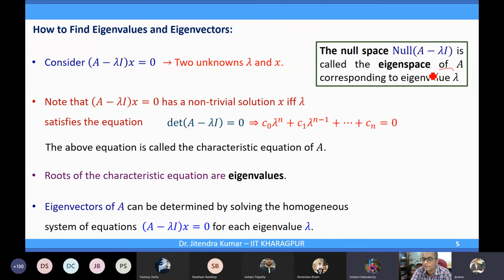Yes, corresponding to an eigenvalue lambda. For a different eigenvalue, you have a different eigenspace, because the system of equations will be different. So corresponding to each eigenvalue, you have a set of eigenvectors, or eigenspace.